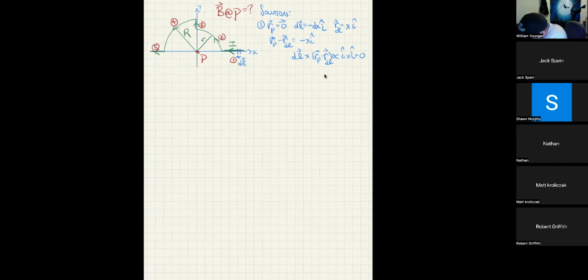You can also see that part 3 is going to have RP equal to 0. It's going to have DL equal to DY J hat, and RDL equal to Y J hat.